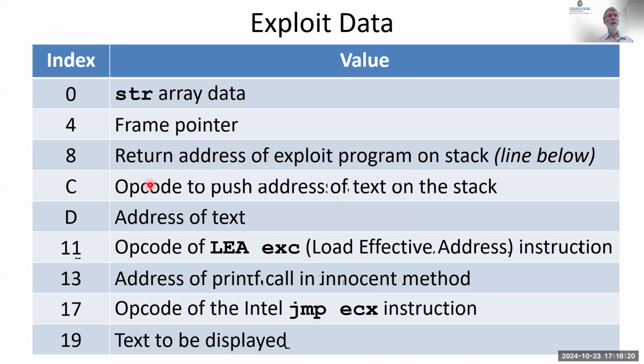This is the opcode, the instruction in machine language that pushes a value on the stack. What value? Well, we're going to put the address of the text. Where's the text? The text is down here. So this points to it. Then we do an instruction that's called LEA in assembler. It's load effective address. Basically, it's going to load the effective address of the printf statement.